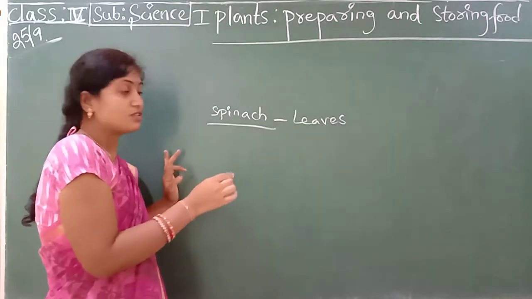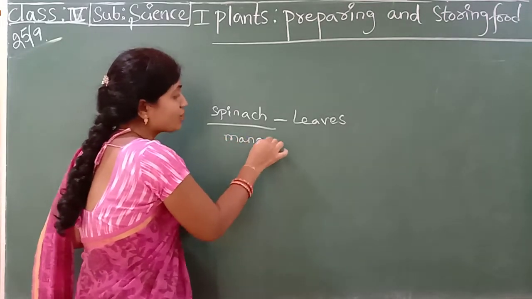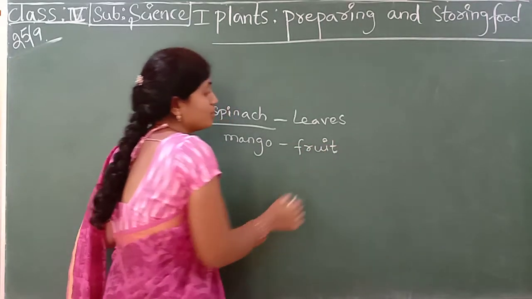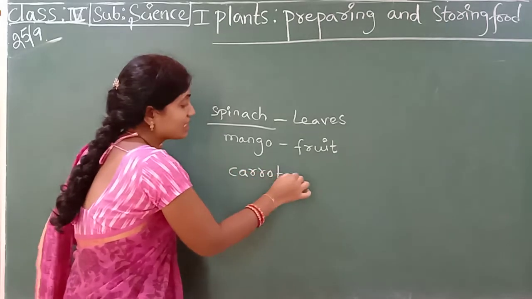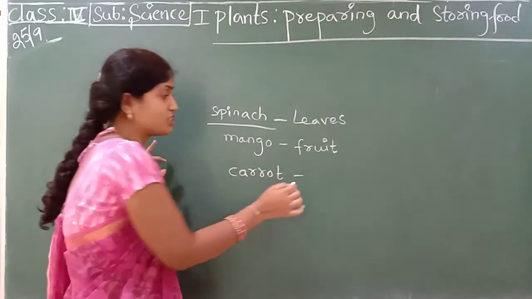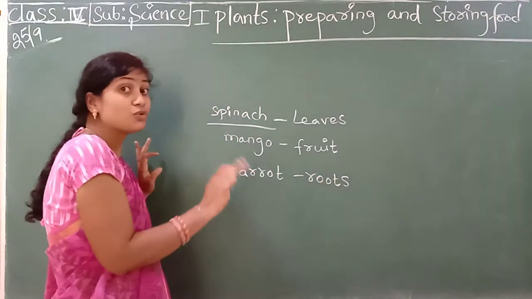So, leafy vegetables. Next, we are eating mango. Mango is a fruit. Next, carrot, radish. These all are roots. The food is stored in these roots only.